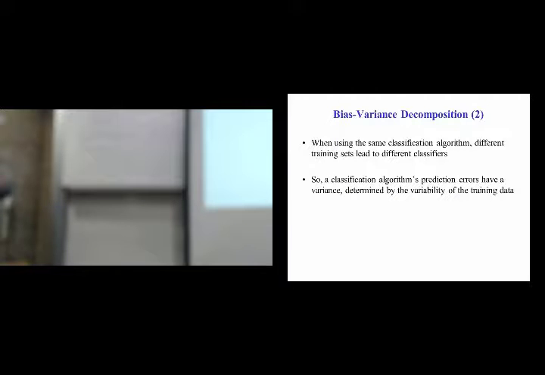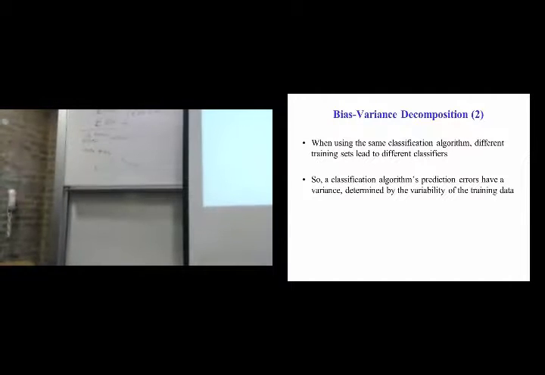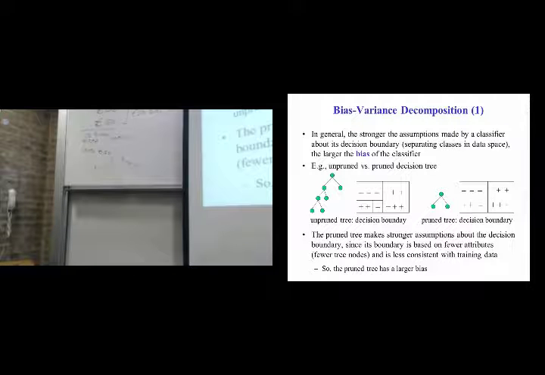If you use the same classification algorithm, depending on precisely what data set you've got, those prediction errors have got some kind of variance that's determined by that variability of the training data. So we've got a kind of trade-off here. We've got a kind of seesaw. At present we can choose one or the other. We can either choose to prune the tree or not to prune the tree.